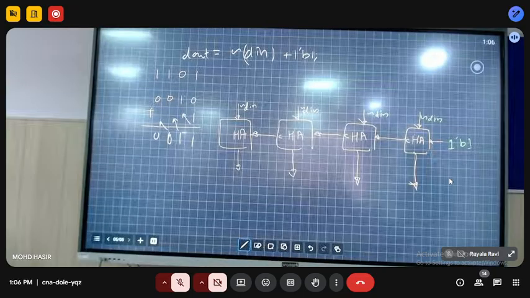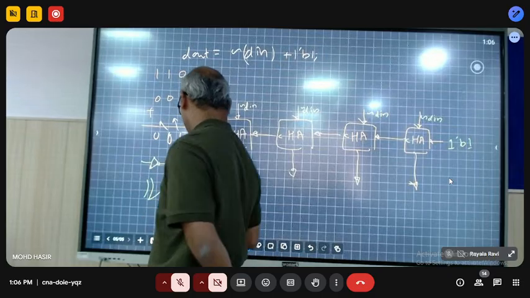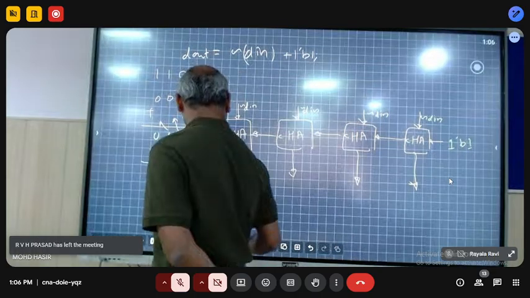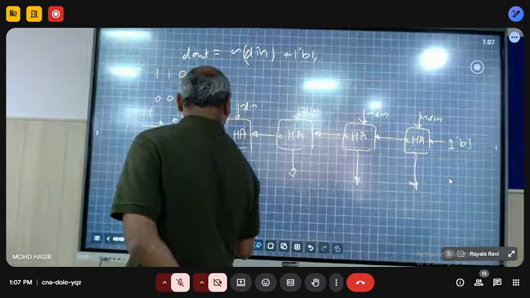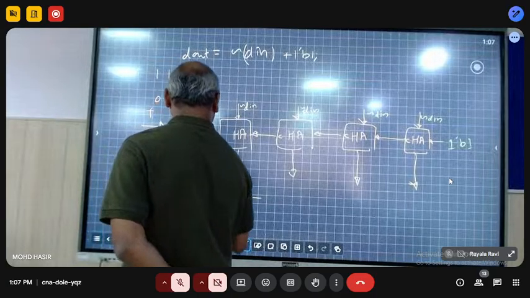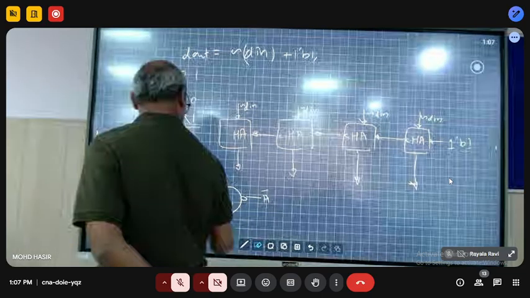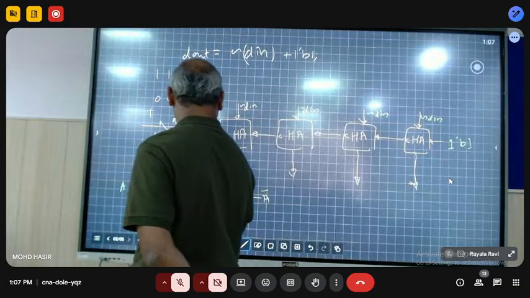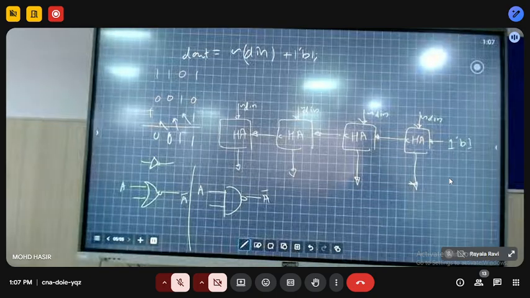Okay, so how should the architecture look? Invert the input, plus one.